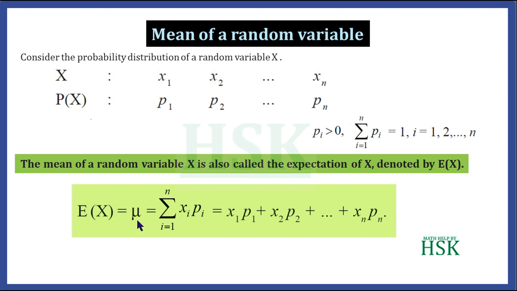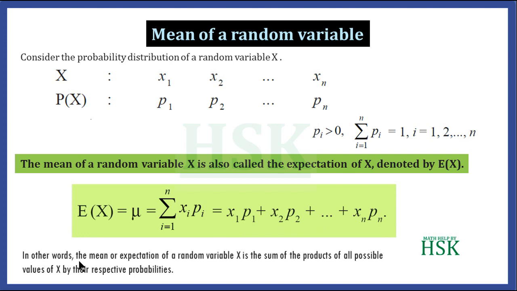That is, the mean of a random variable is represented by mu, and it is also known as the expectation of x. It is equal to the summation of the product of xi into pi, where i goes from 1 to n. In expanded form, we can write it as x1 into p1 plus x2 into p2 and so on up to xn into pn.